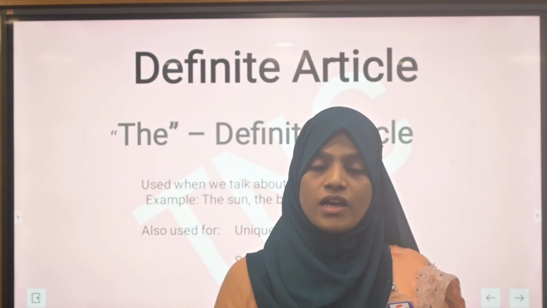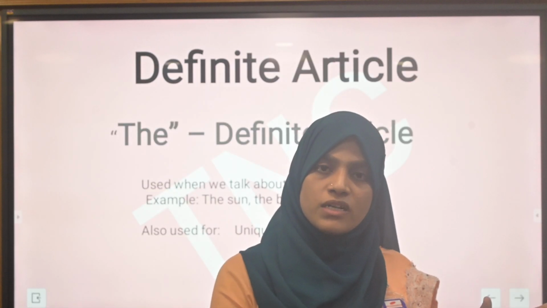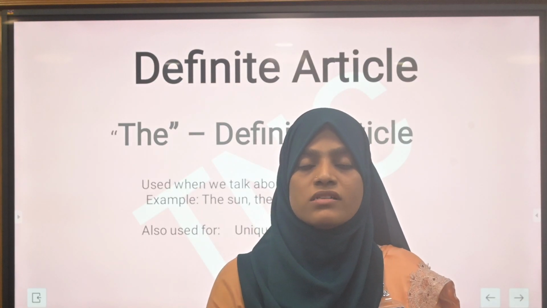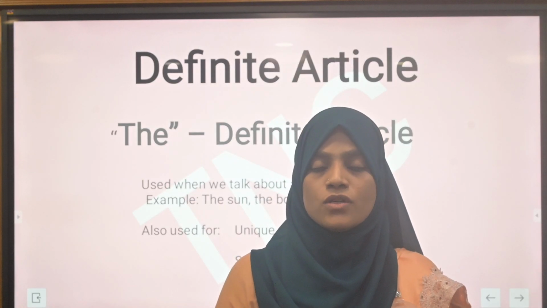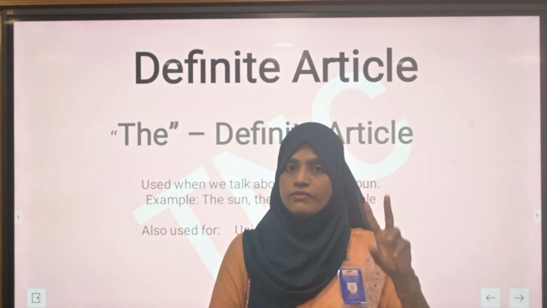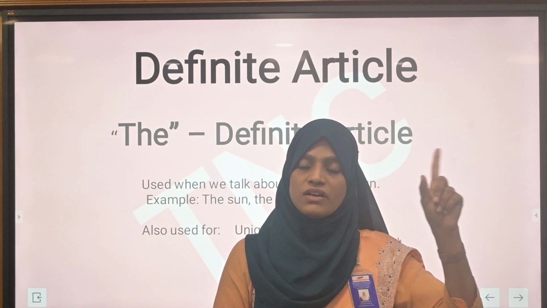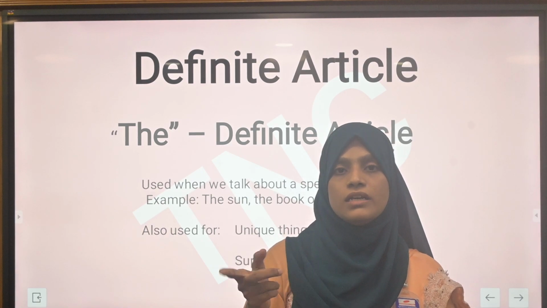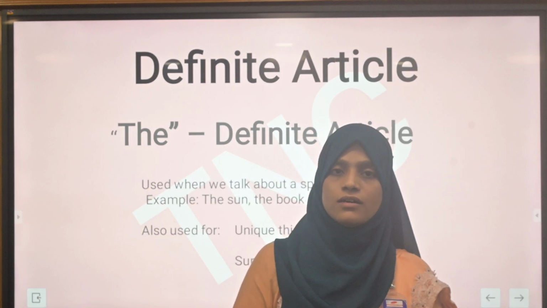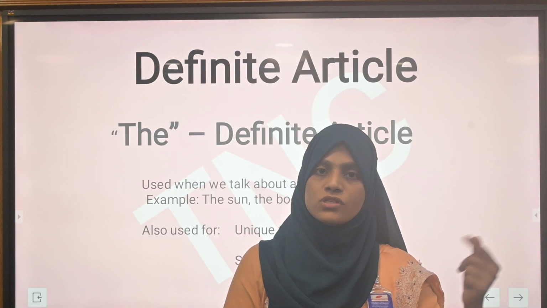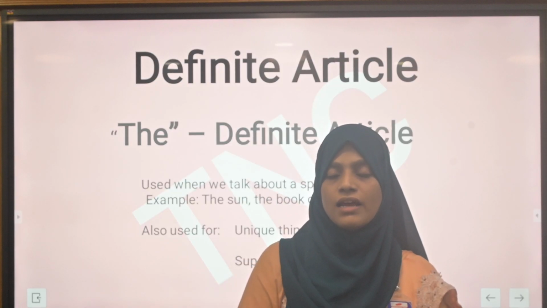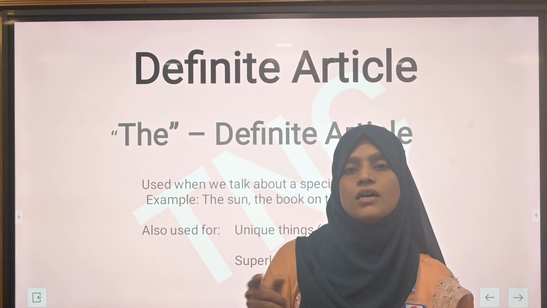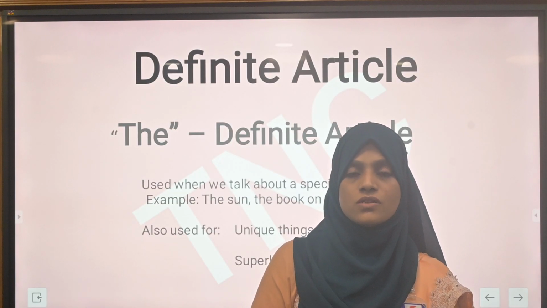So if I am specifying something particular, even if it is not the only one, in that case we'll use the. So in articles we have, as I said, 2 types, definite and indefinite. In the definite article we have the, in the indefinite article we have an and a. The we use for a specific thing, an we use before the vowel sound, and a we use before the consonant sound.